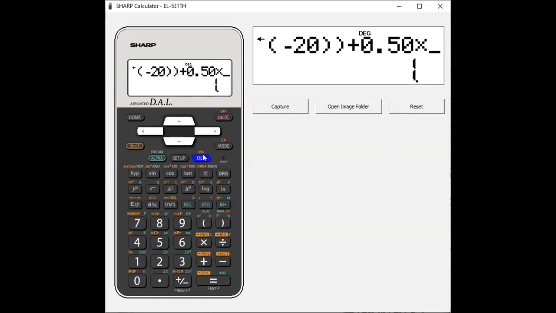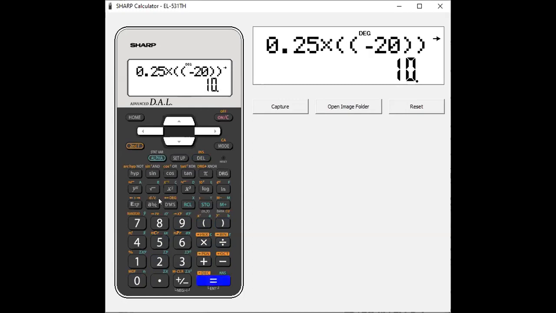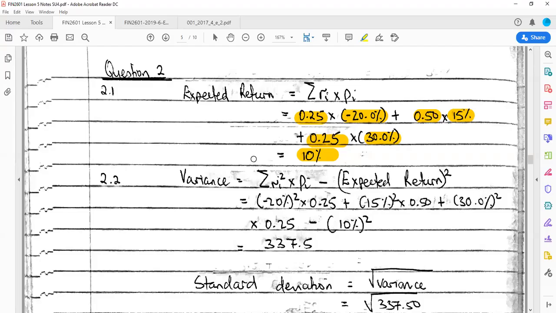Let's make sure we put this in brackets in case there'll be negatives sometimes, plus 0.25 times 30, right? And we get 10% as our expected return. So that's how you calculate the expected return. This is the return we expect to achieve from the investment.